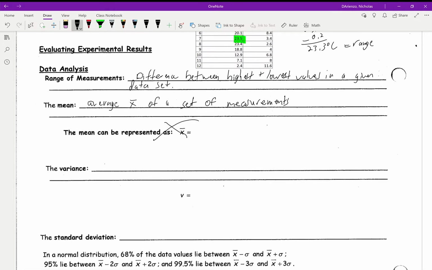The variance is the sum of the squares of the differences of the measurements from the mean divided by the number of measurements.